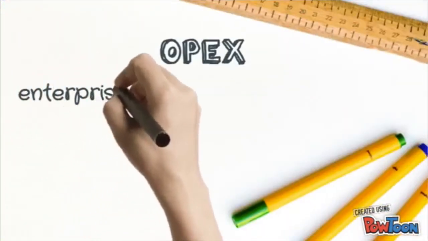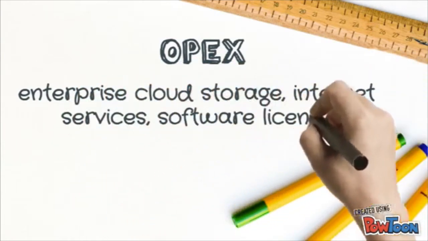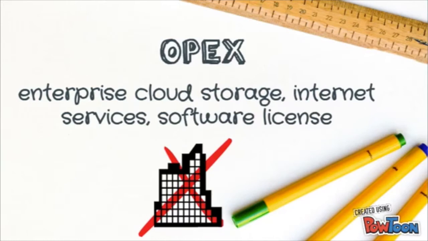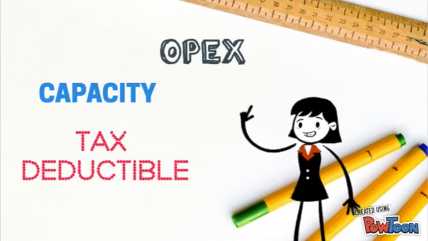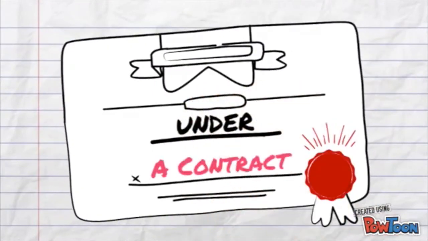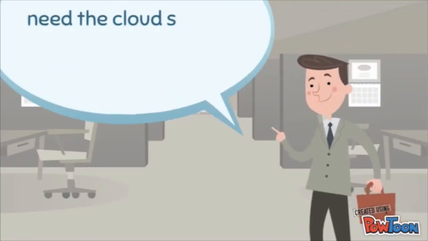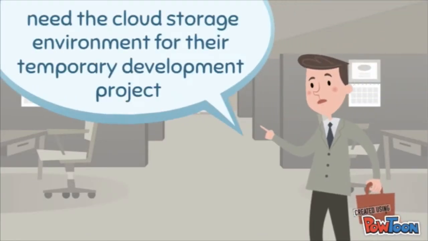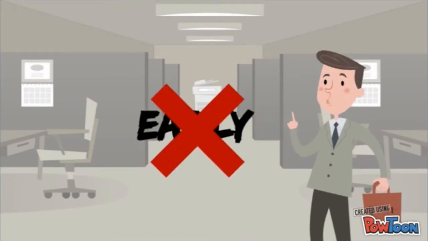However, for OPEX, the facilities such as enterprise cloud storage, internet services, software license and others are not owned by the company, since the company only needs the capacity, and it is tax deductible. It is under a contract by the service provider. For example, the company might only need the cloud storage environment for their temporary development project, which is easily cancelled once the development project is finished.